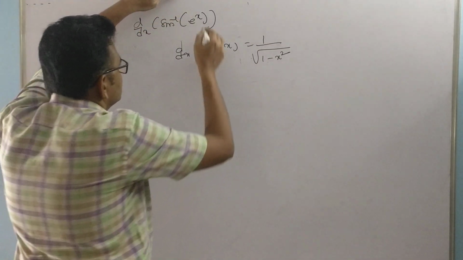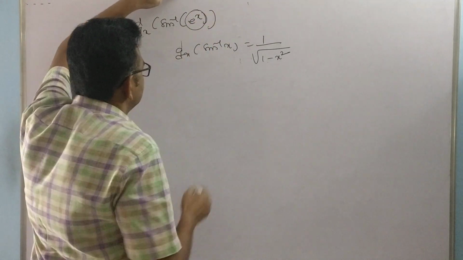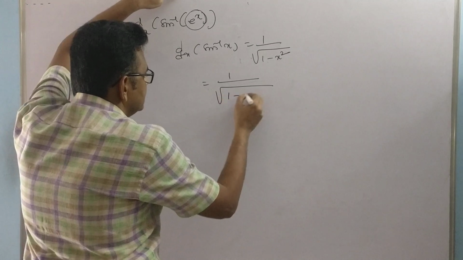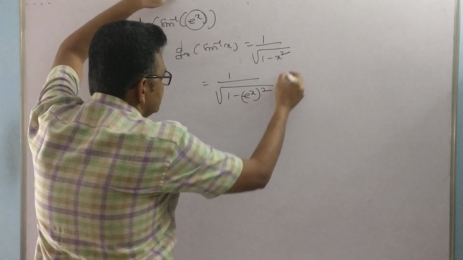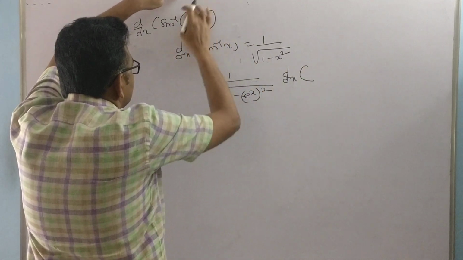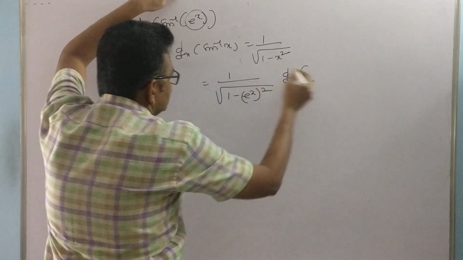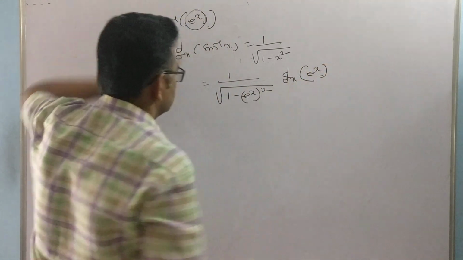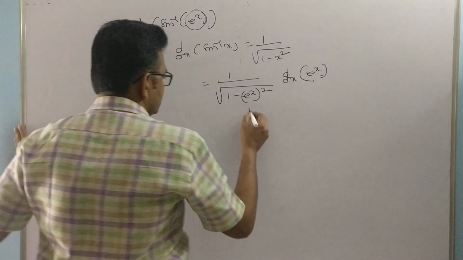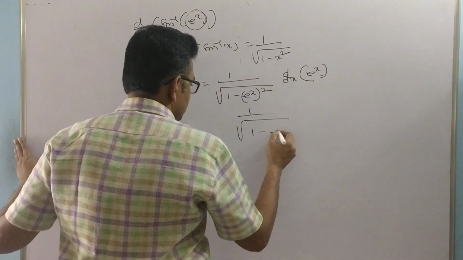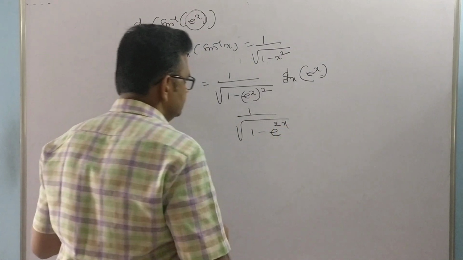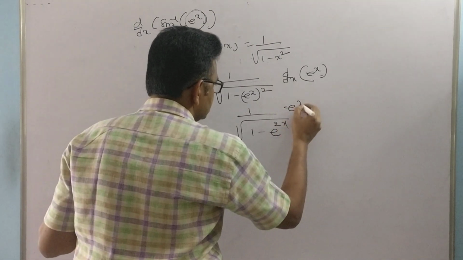So if you treat this as x, then what is the derivative? 1 by root of 1 minus e power x whole square, into derivative of this part, e power x. Now this is 1 by root of 1 minus e power 2x into e power x. Derivative of e power x is e power x only.